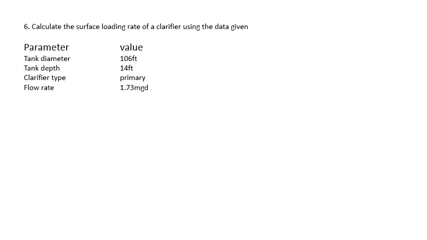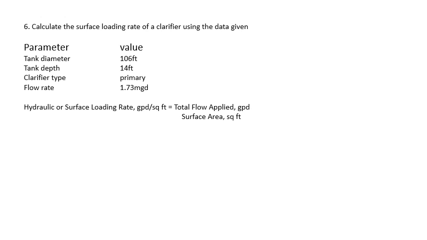Question number 6. Calculate the surface loading rate of a clarifier using the given data. Alright, for me this has already been kind of broken into your knowns and unknowns. So we're looking for the hydraulic or surface loading rate, as always, in gallons per day. It's total flow applied divided by surface area in square feet.